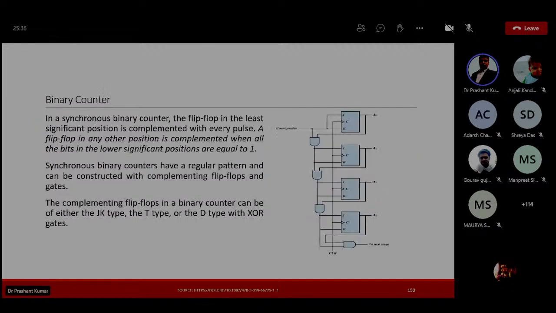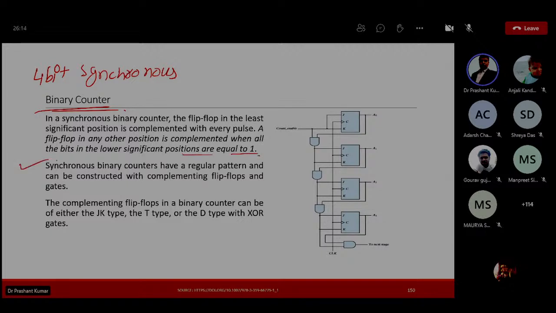4-bit synchronous binary counter. In this synchronous binary counter, the flip-flop at the least significant bit is complemented with each pulse, and a flip-flop in any position can be complemented when all bits in the lower significance positions are equal to 1.